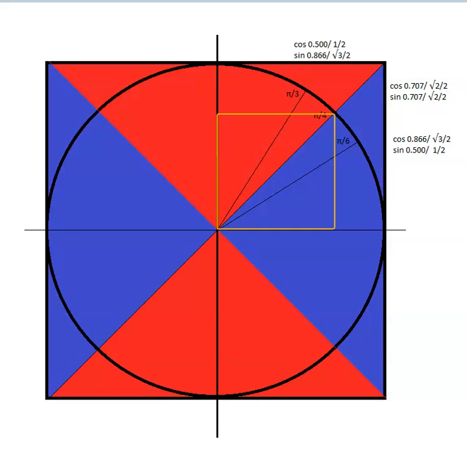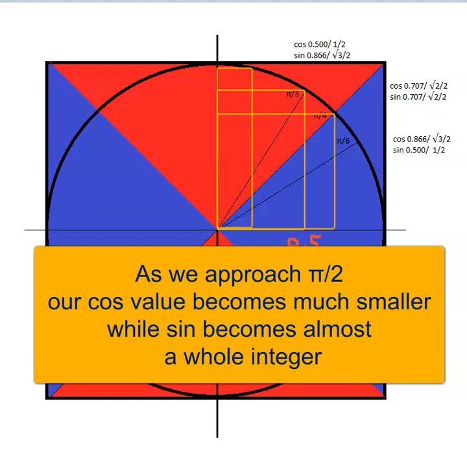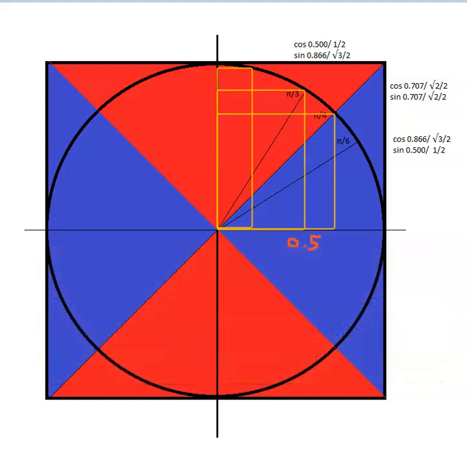At pi over 3 radians or 60 degrees, now our cosine is at 0.5, while our sine value is 0.866. And as we get closer and closer to 90 degrees or pi over 2, our cosine becomes small, about 0.2, and then our sine value becomes almost a full 1.